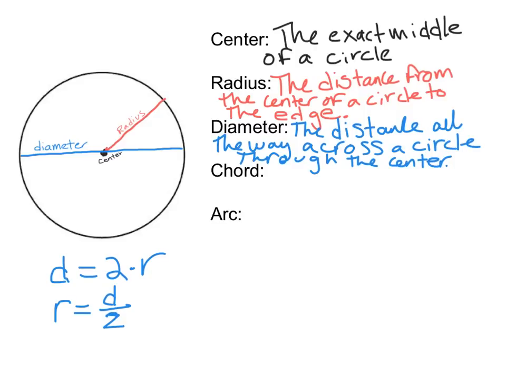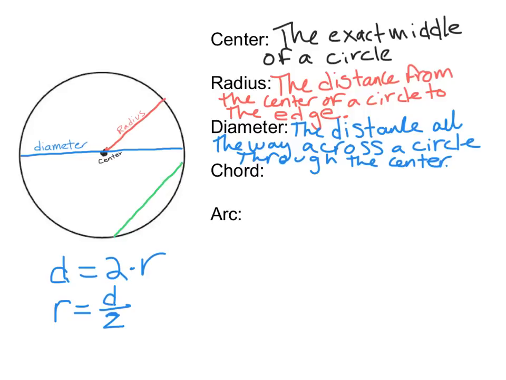Right, now let's do some slightly less common ones. So there's something called a chord. A chord is any line segment that touches 2 edges of a circle. So a diameter is actually a type of chord, but a chord could also just go like that.